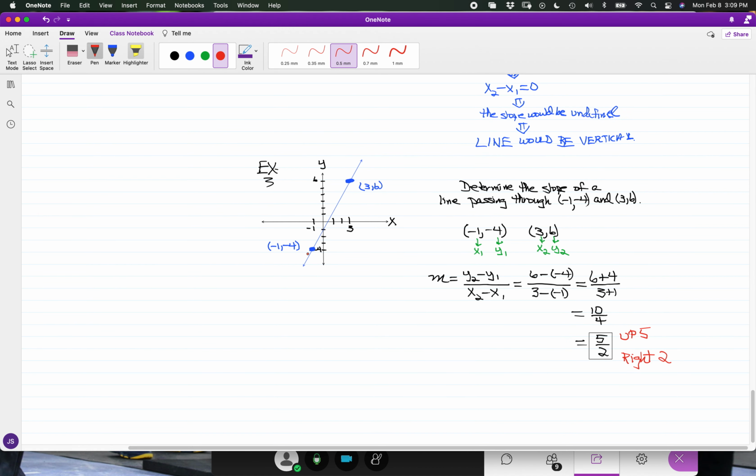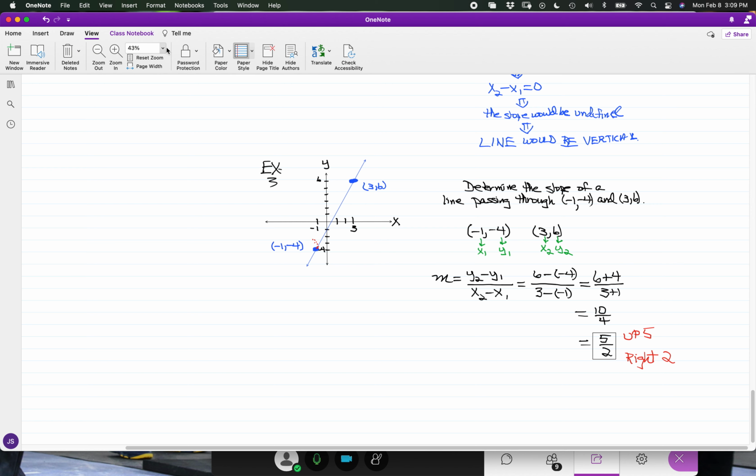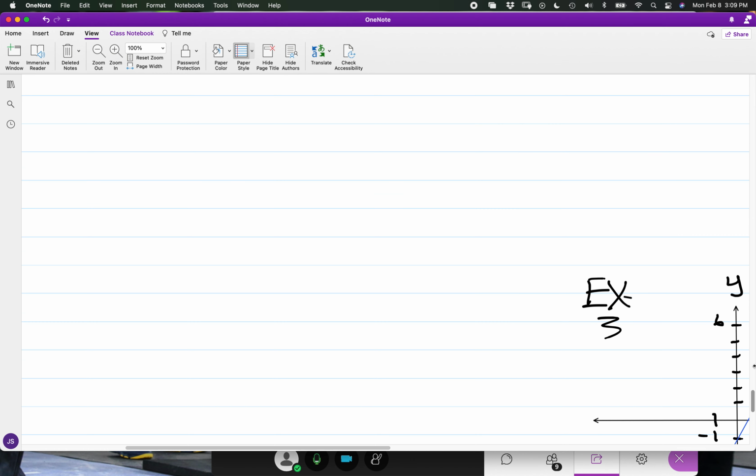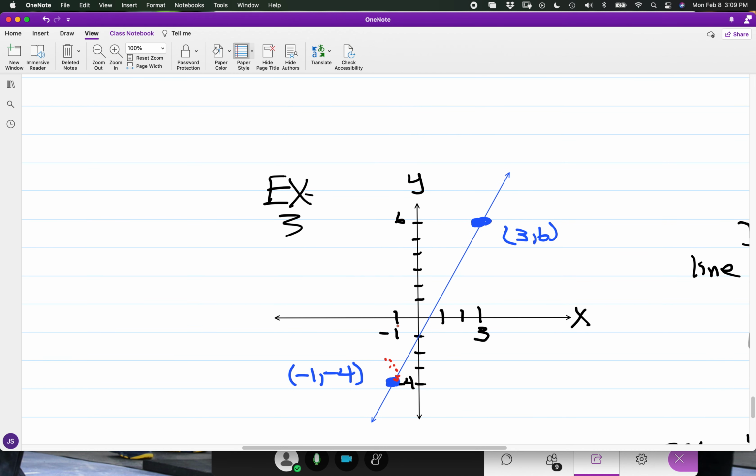schematic. Okay, so I had -1, -4. So if I go up 5 units, and let me zoom in on this. Okay, so you have for this particular layout. Okay, so if I were to go up 5 units, so going up 1, 2, 3, 4, 5.